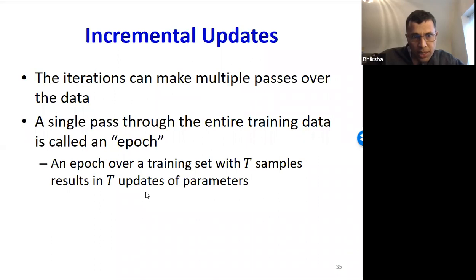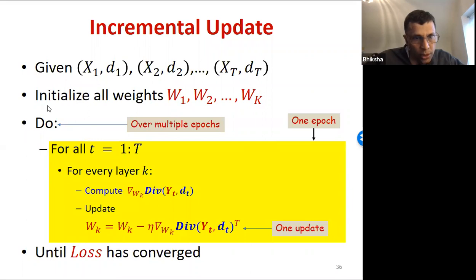So these iterations can take multiple passes over the training data. It's not that you're going to do just one pass. You will be making multiple passes over the entire training data. That's what we call an epoch. But within each epoch, if you have T training samples, you're going to make an update after each sample. So you're going to have T updates of parameters within each epoch. So here, this outer loop is iterating over epochs. This is one epoch, which is just looping over the instances. This is one update.